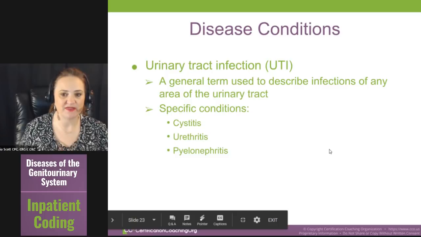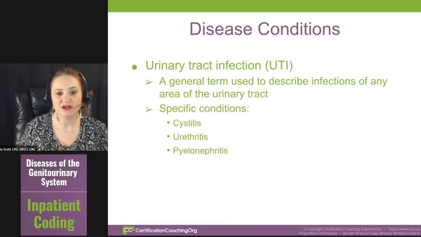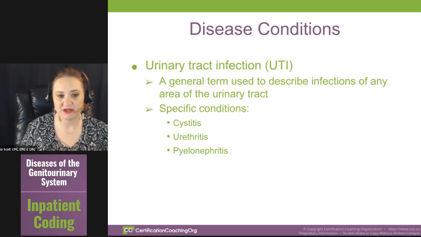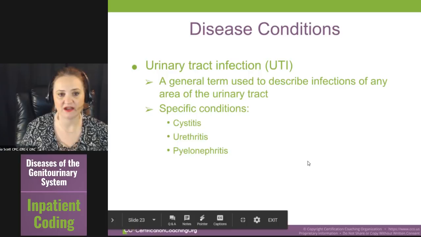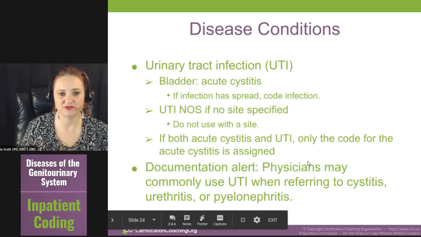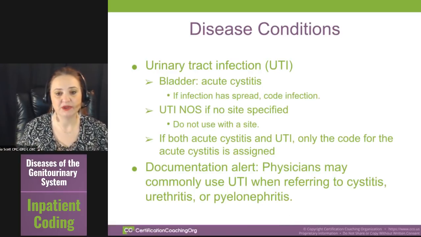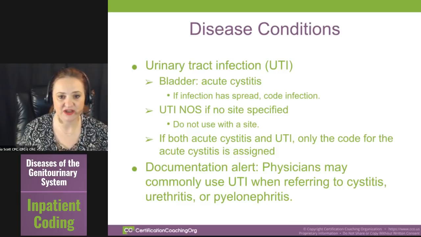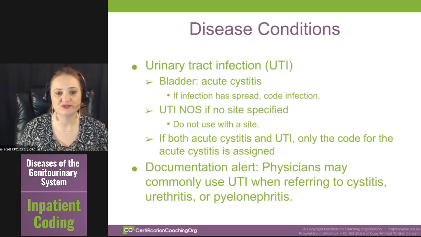UTI, we've already talked about that, and that is an infection, usually bacterial, and there'll be some type of organism involved. We will have cystitis, urethritis, or pyelonephritis as the terms for that off of UTIs. If it is the bladder that has the infection, then it is called acute cystitis, but it can spread up into the kidneys.